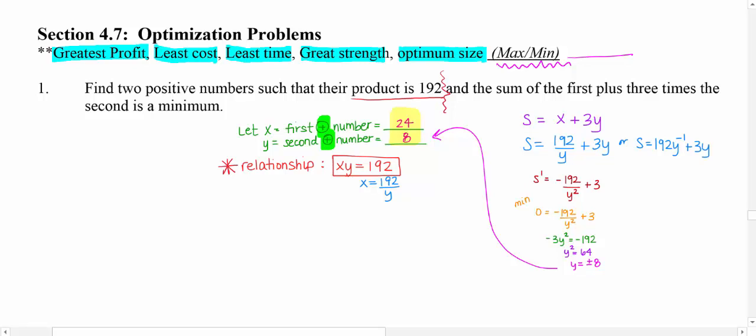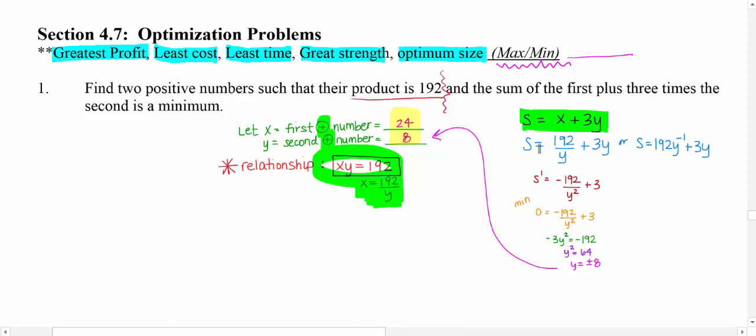And this is where you can probably see it a little bit easier. I'll highlight it in green so you can see what I'm talking about, where I have two variables being put in and one variable out. So that's why we have to go back to that relationship equation that we wrote, solve for either variable. In this case, I solved for x, and substitute that in.